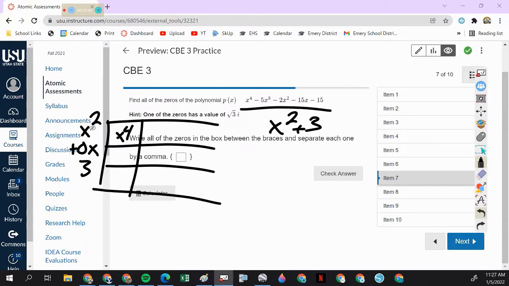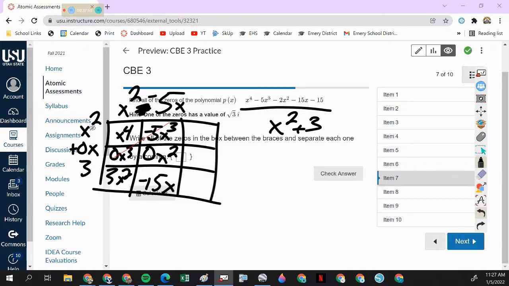X to the 4th, x squared, 0x to the 3rd, 3x squared. Those need to add up to negative 5. Oops, that should be a minus 5x squared, 0x squared, negative 15x. Okay, those need to add up to negative 2.